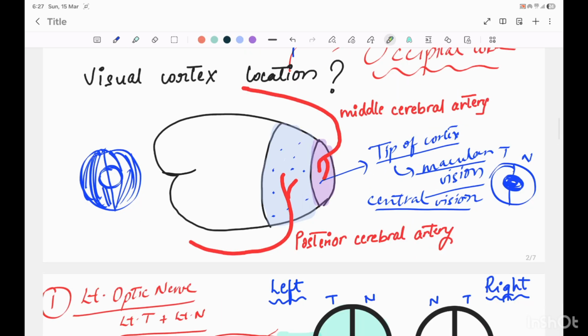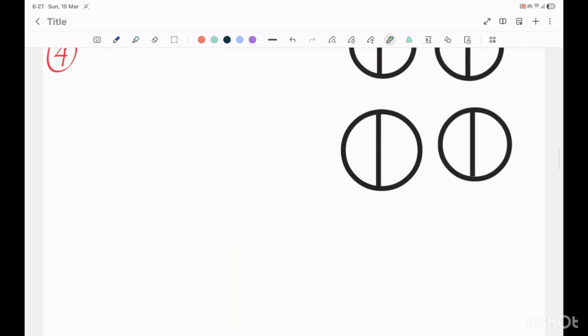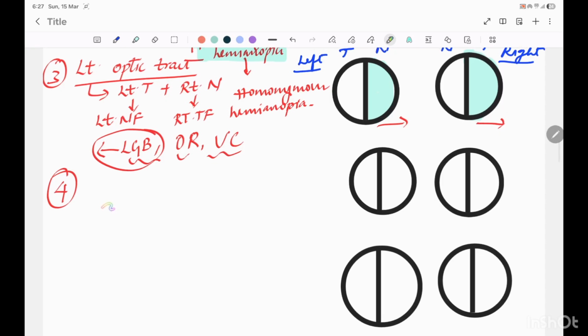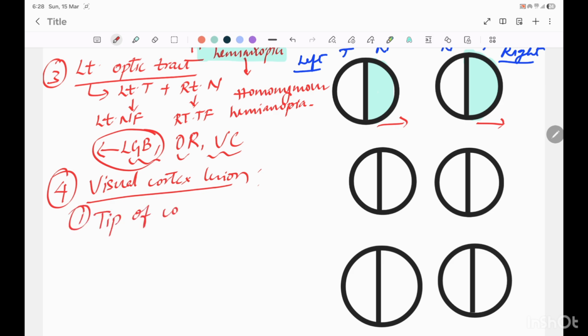Now let us see the lesions. If it is the anterior visual cortex, it will be the same, homonymous hemianopia. For the visual cortex lesion, the first one is a tip of the cortex lesion.